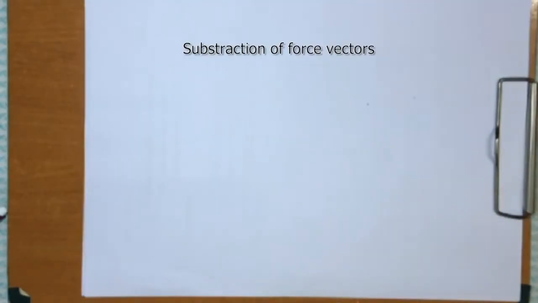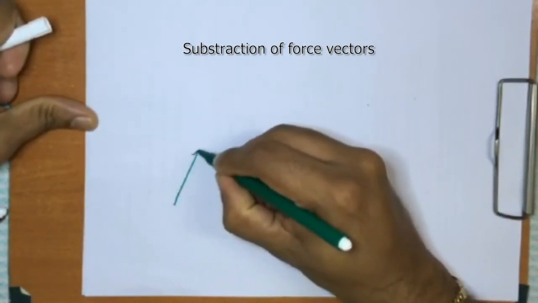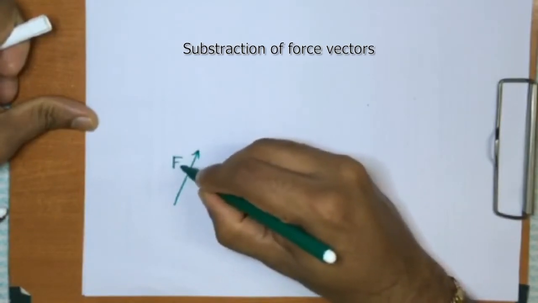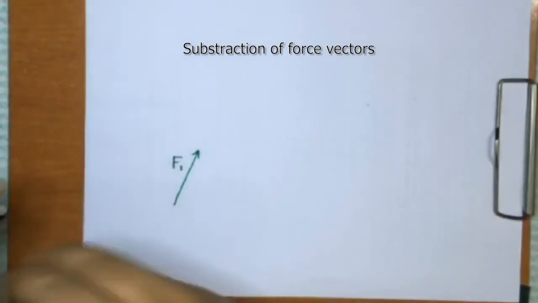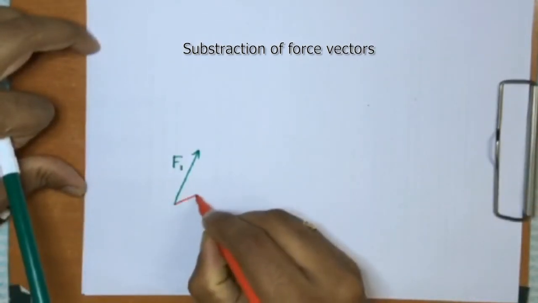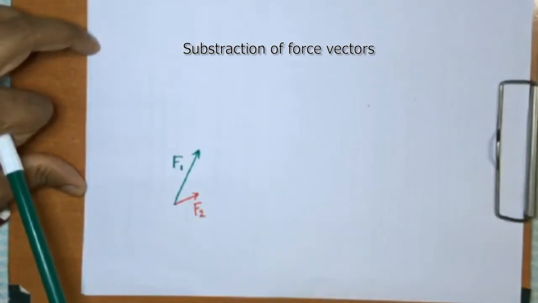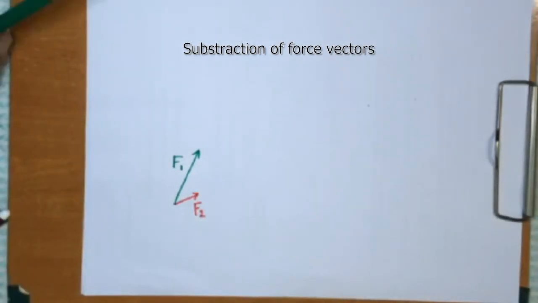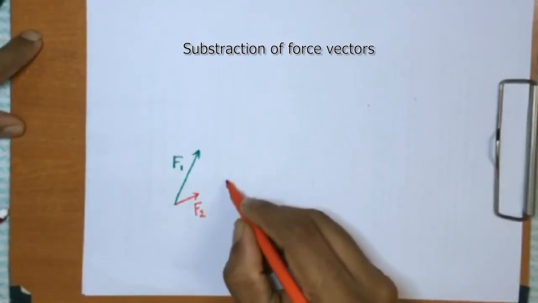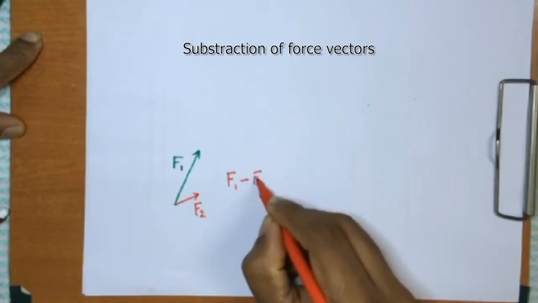Now what if we want to subtract a force? Say I have a force vector F1 and I have another force vector F2. Suppose the resultant that I want to find is F1 minus F2.